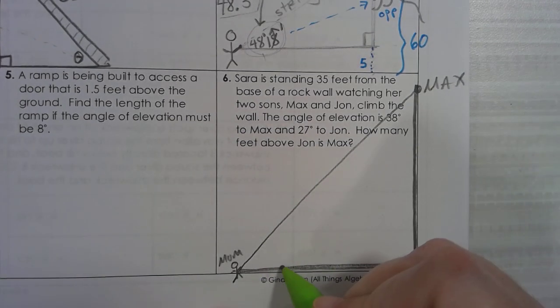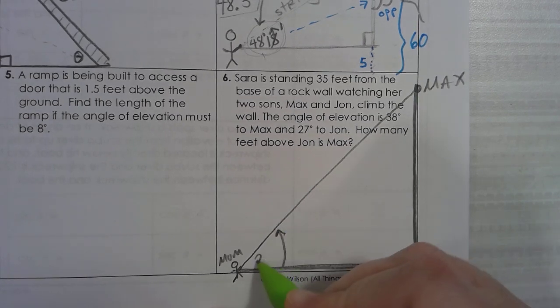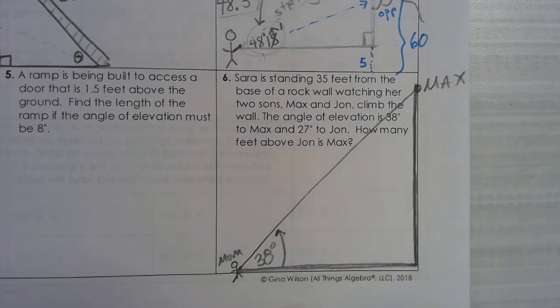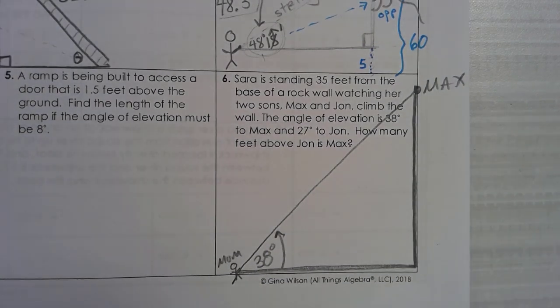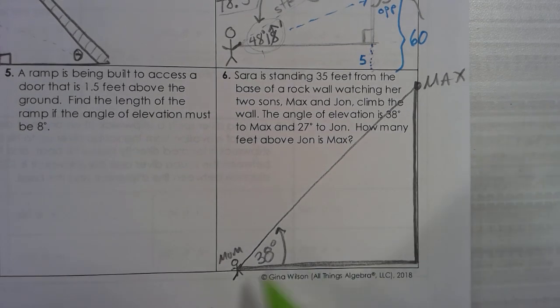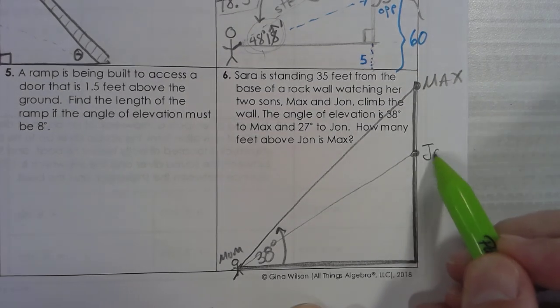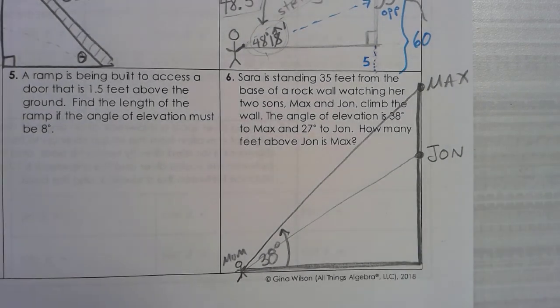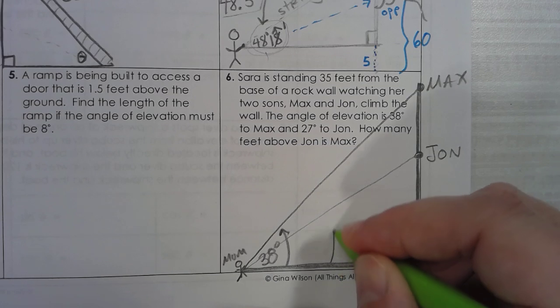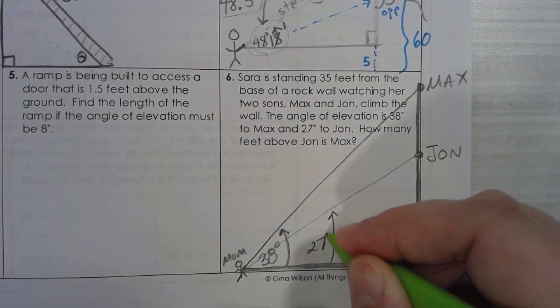And from this is all 38 degrees for all of that. And then we're going to have a little shorter. We'll make it down here. It's probably way too much, but that's okay. This is going to be John. And in between these is 27.